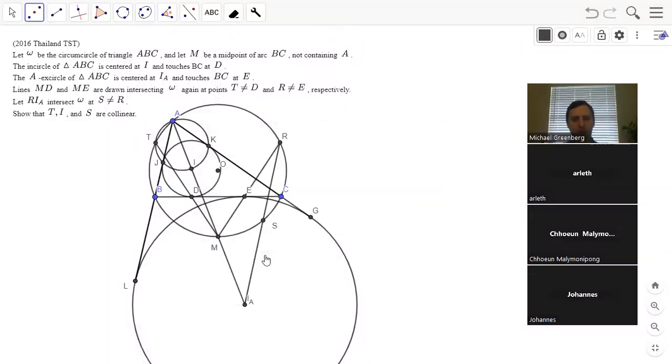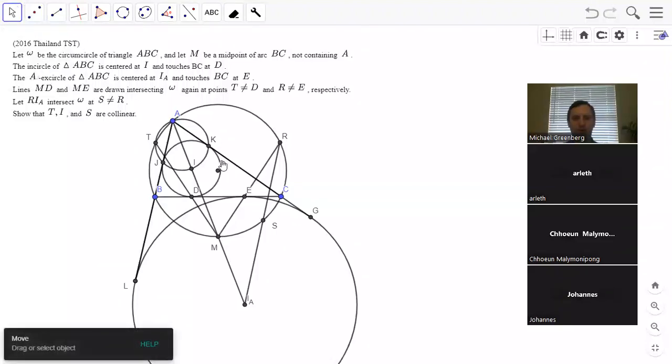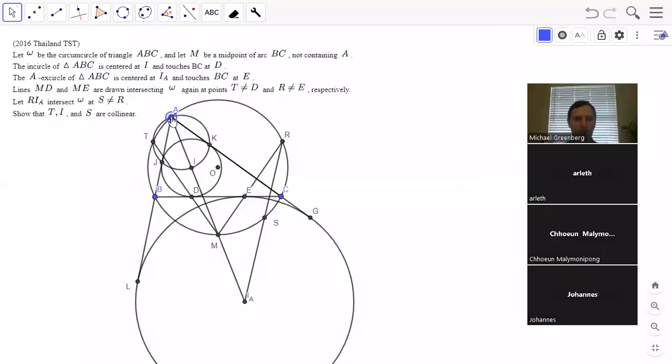Another way of saying it is we want to show that T, O, and S are collinear. All right. No, I'm sorry. Not T, O, and S. A, O, and S are collinear.